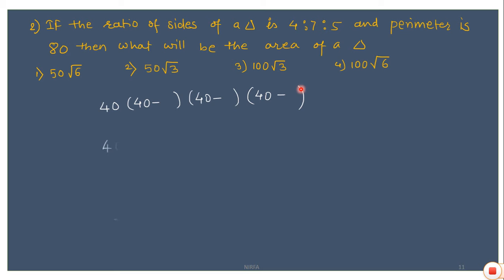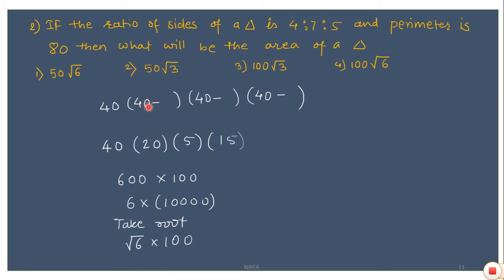So you will get this expression: 40 into 40 minus 20, that is 20, 40 minus 35 is 5, 40 minus 25 is 15, and if you calculate this, 15 fours are 600 and 5 twenties are 100. So it can be written as 6 into 10,000 and take the root.